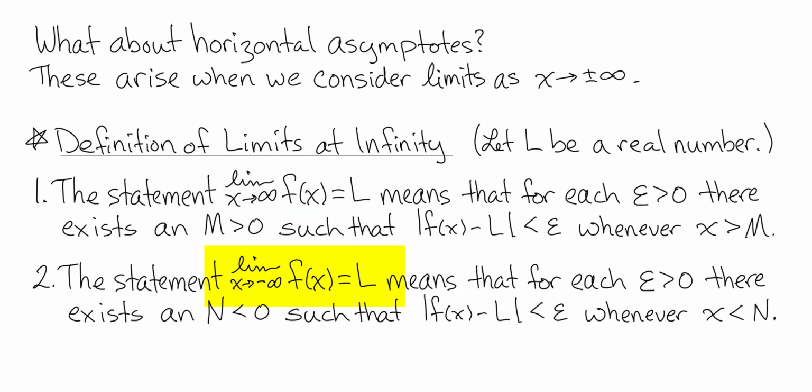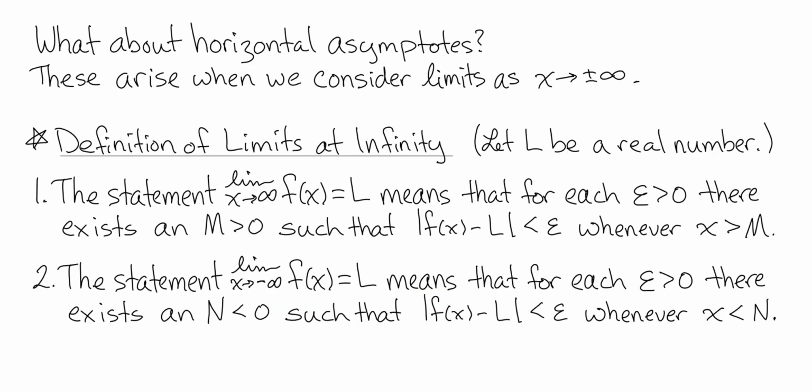Likewise, we can say the limit as x approaches negative infinity of f of x equals L means that for each epsilon greater than 0, there exists an n less than 0 such that the distance between f of x and L is less than epsilon whenever x is less than n.